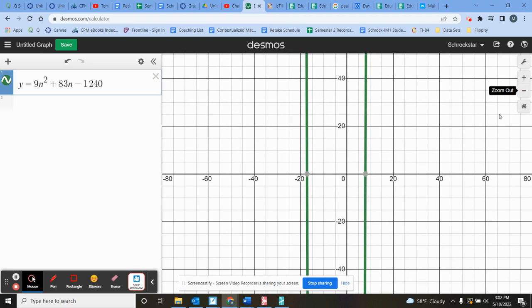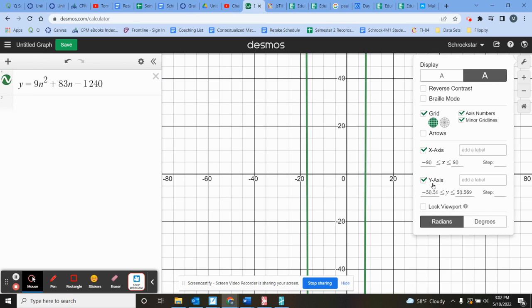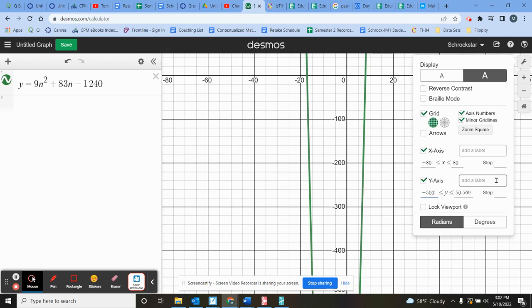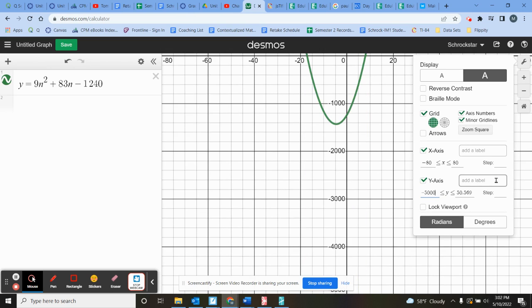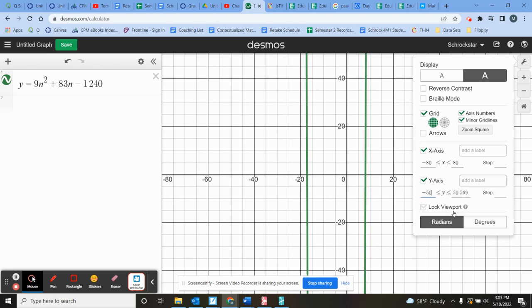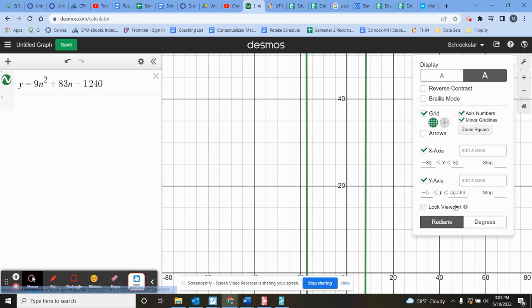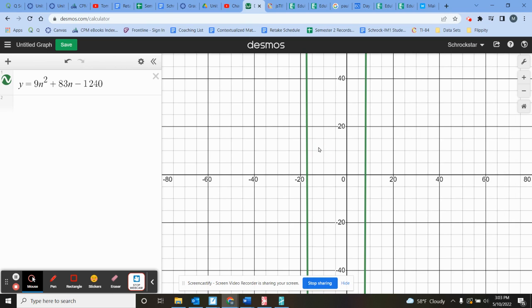Now, it looks, doesn't it, almost like two straight vertical lines. It's really not. If we change the window a little bit, you'll see it actually is a parabola. If I go down to like, oh, that's not even far enough. There you go. You can kind of see the curve now if I set my lower limit super, super low. But really what I care about this time is what are my x-intercepts.